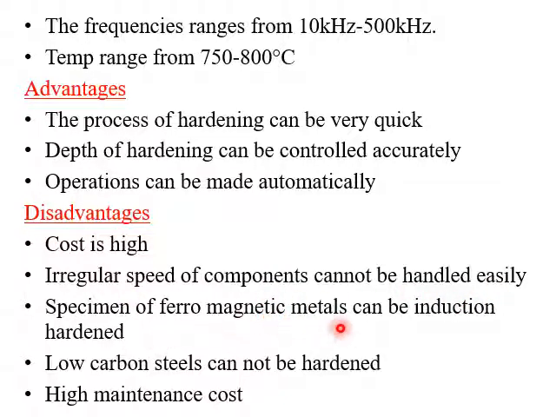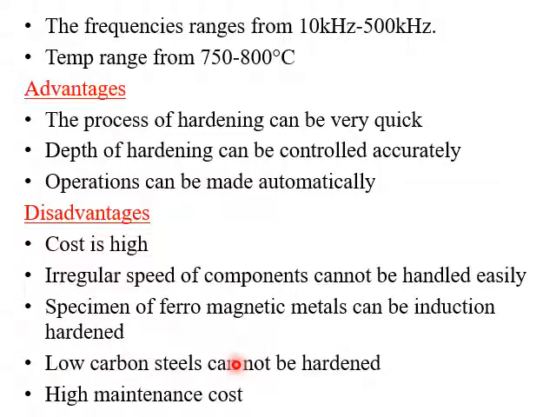Specimens of ferromagnetic metals can be induction hardened. Only the specimens which are magnetic in nature are induction hardened. So low carbon steels cannot be hardened because they are non-magnetic in nature. There is also high maintenance cost.